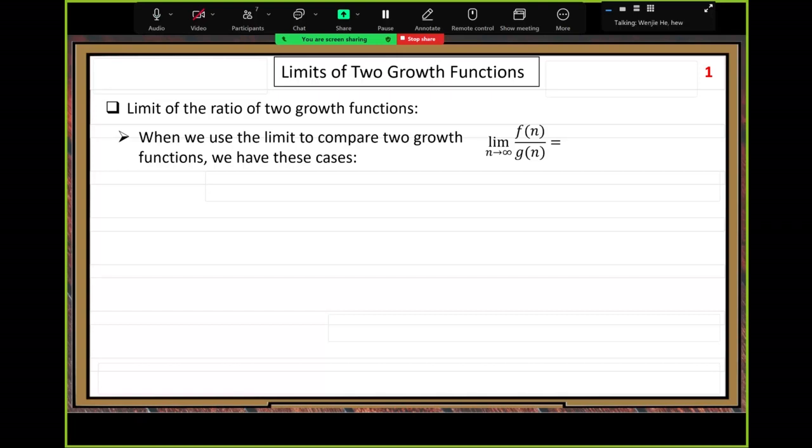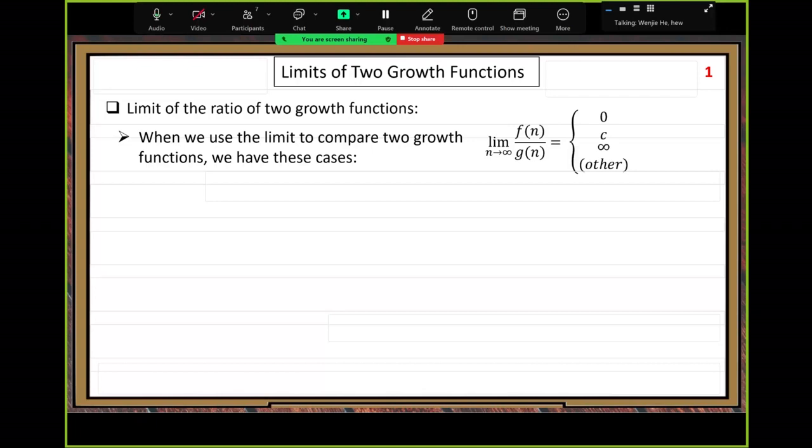Let's use the f function and g function to represent two growth functions. When we calculate this limit in general, how many cases do we have? How many cases for the result of this limit? Here I give you these 4 cases.